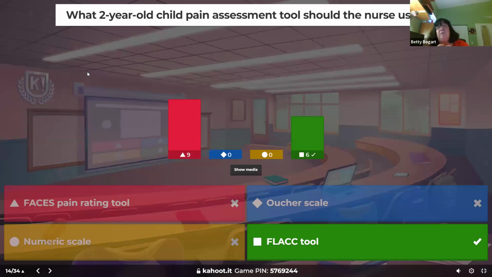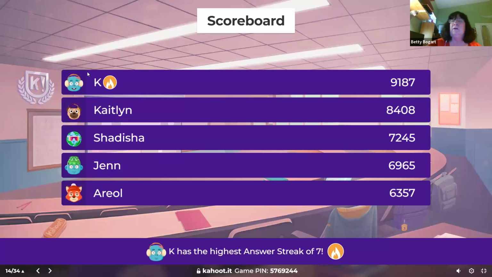FLACC is nonverbal and up to age 3. Faces start at age 3. They have to see a picture and point to it, okay? And that's 3 years old. FLACC is when you look at them and you can figure out what their pain scale is. Nonverbal, and that's up to age 3. And at age 3, faces takes over.